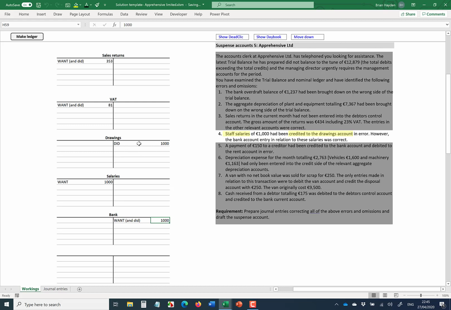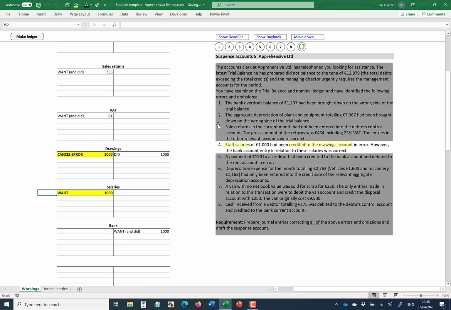So we have to cancel this. This is not correct. So we have to cancel the error, and we also have to put in what we want in the salaries account. So there's 2 debits here, and there'll be a corresponding credit in the suspense account. The bank account was absolutely fine, so we don't need to worry about that. Okay, so that was number 4.